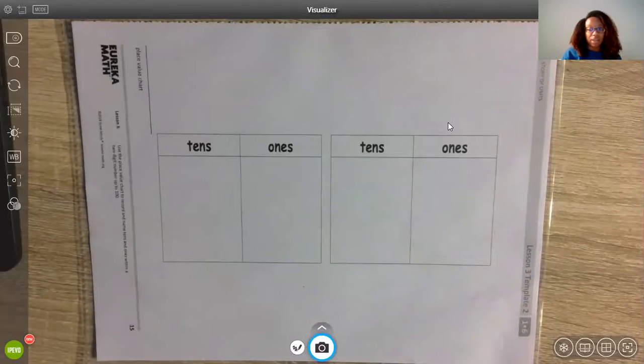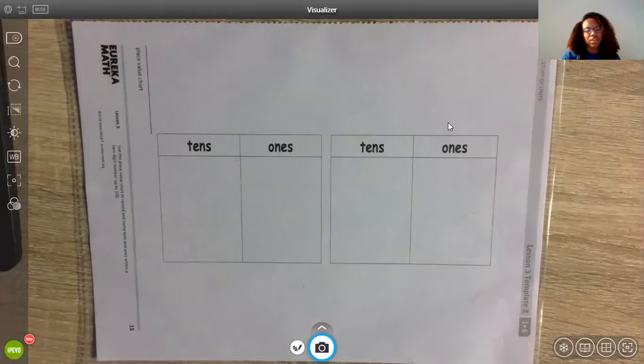It will sound like this. I have a digit in the 10s place. The digit in the 10s place is 2. And then the digit in the 1s place is 1. What is the number I'm thinking of in my head?